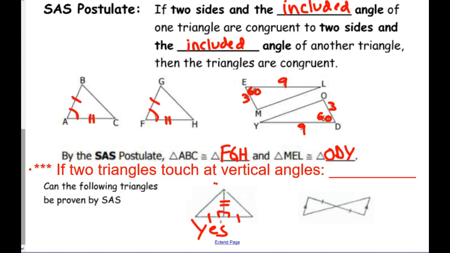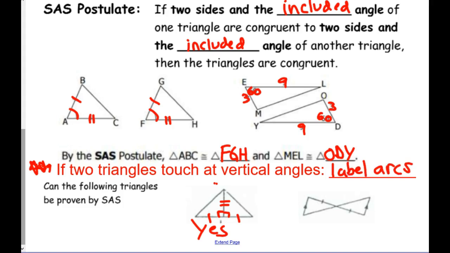Now, look at this right here, okay? This is important. If two triangles touch at vertical angles. Now, we got to remember this from before. Y'all remember what vertical angles are? At an X, they're across from each other, and they're equal. They're congruent, okay? So I want you to look at this picture right here. Do you see how we have like an X right here? Every time you see vertical angles, you label arcs.